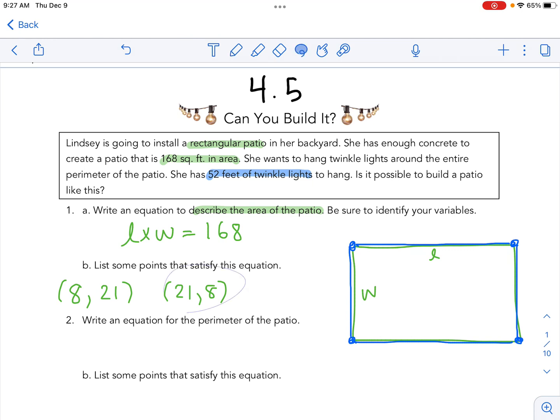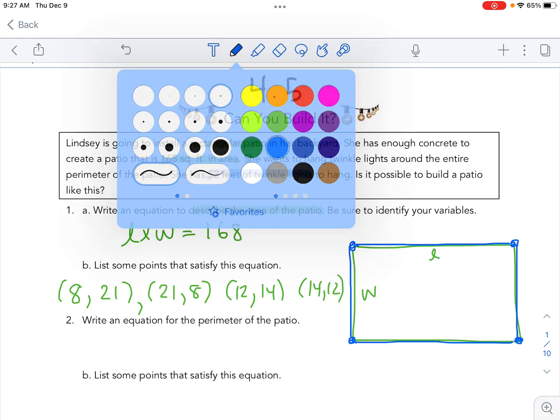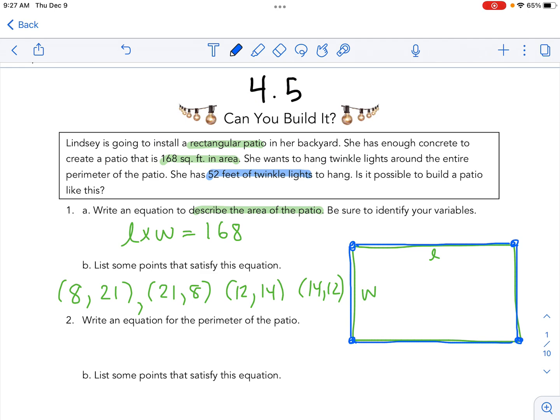I'm just looking at the factors of 8 and 21. I see a 4 and a 3, so 12's got to go in there. 12 times 14 is 168, and again, we can swap those. We can go 12 times 14 or 14 times 12. So we can come up with pairs kind of quickly.